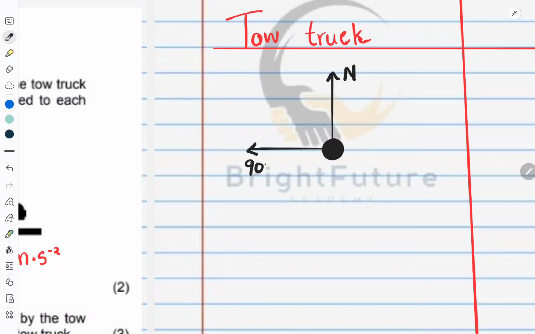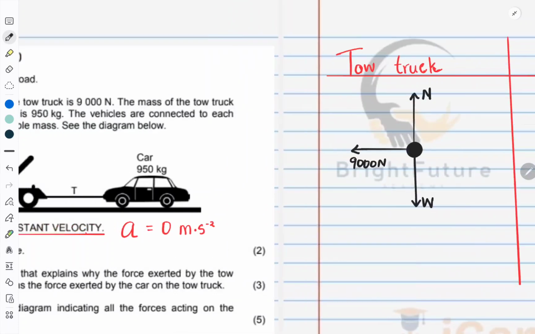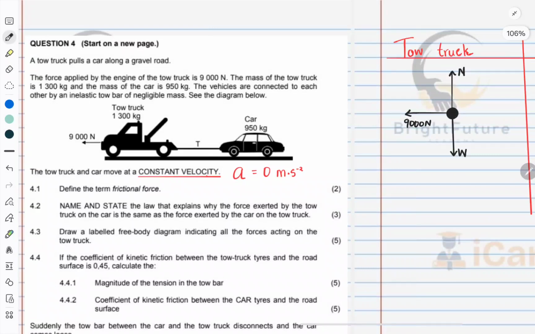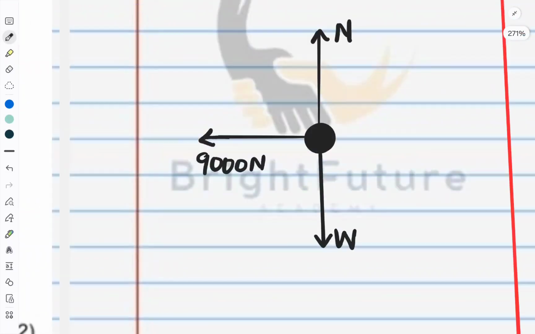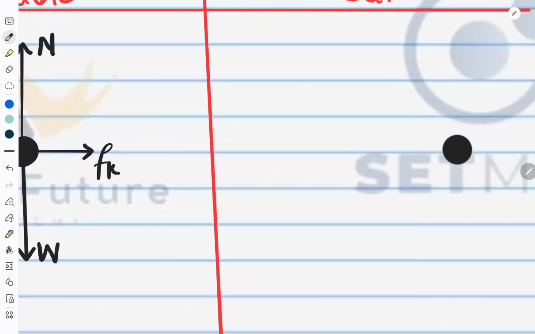It is 9,000 newtons. Then we have the weight of the tow truck. And then they said it's being pulled on a gravel road, so we have to assume that there's also friction there. Maybe Fk, because these two are moving.